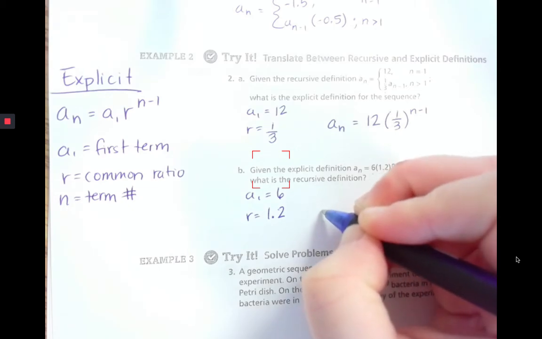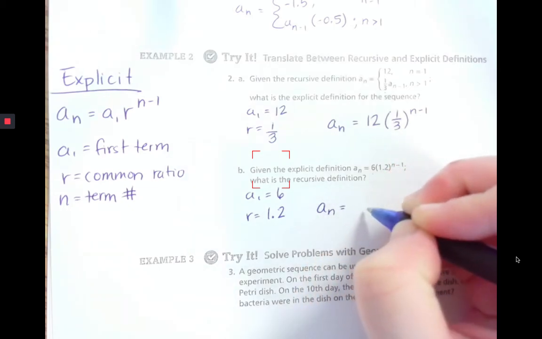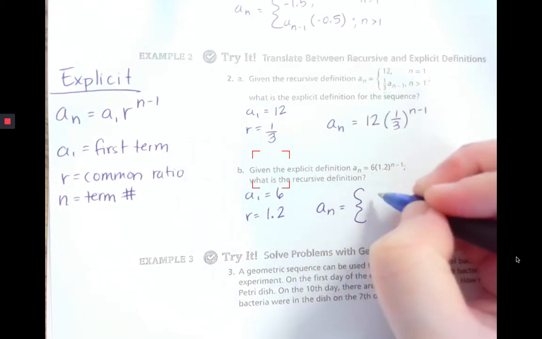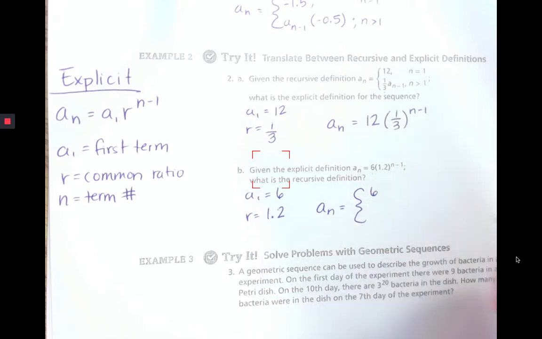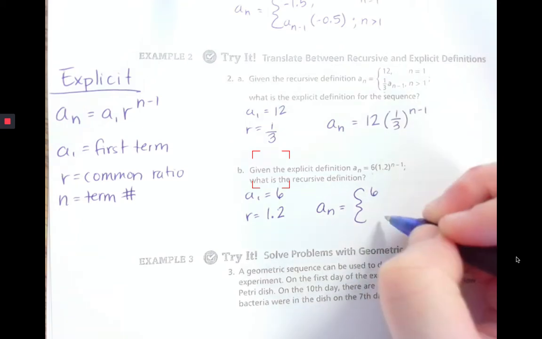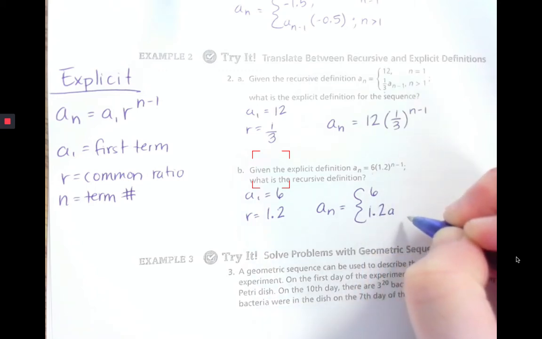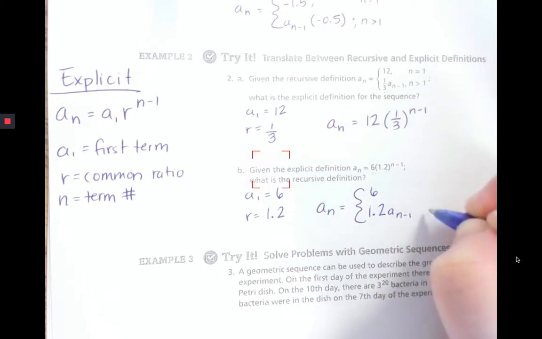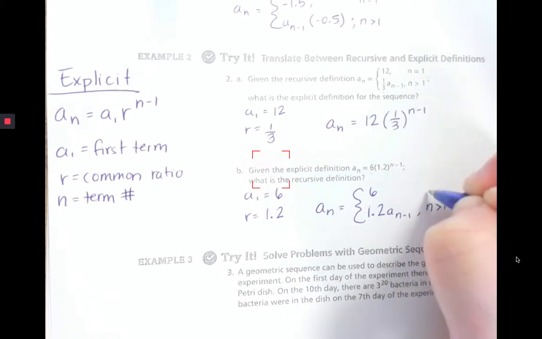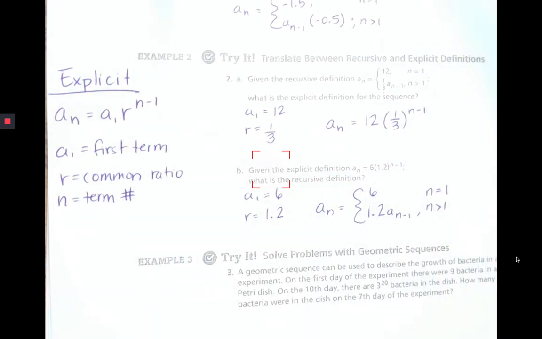So I'm going to write this as A sub n is equal to 6 at the top. At the bottom, we're going to write 1.2 times A sub n minus 1, where n has to be greater than 1 and A sub 1 has to equal 6. You notice how I put the common ratio in front?